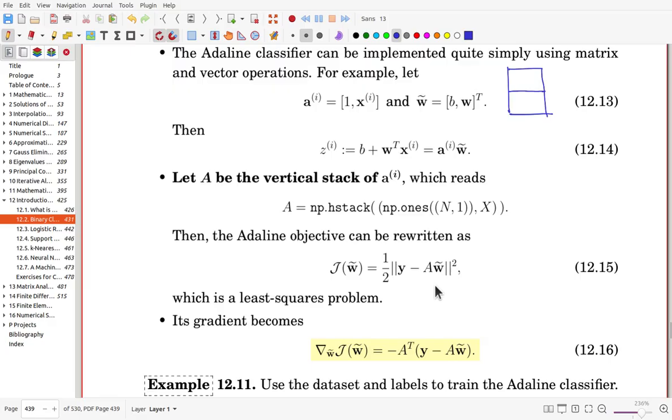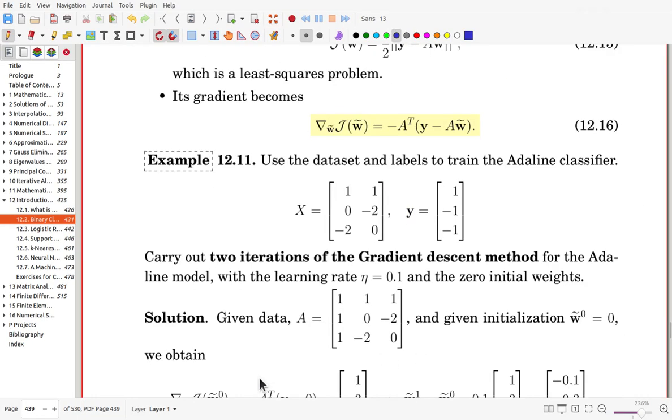Now when you try to get the gradient of this objective function, you can get it quite easily by using some matrix algebra. You can find the derivative with respect to this combined weight, and that is minus A transpose (y minus A W tilde). And we can use this to solve one example.